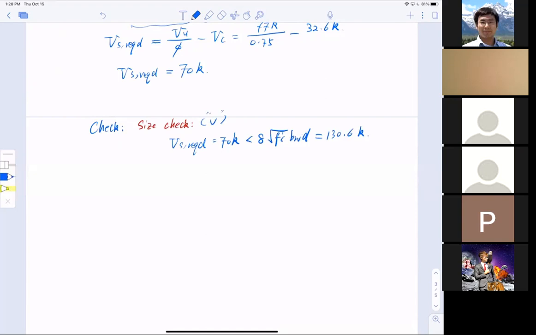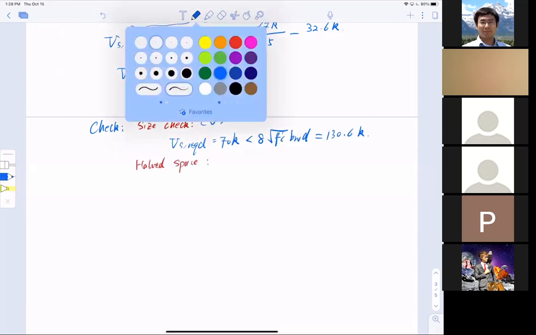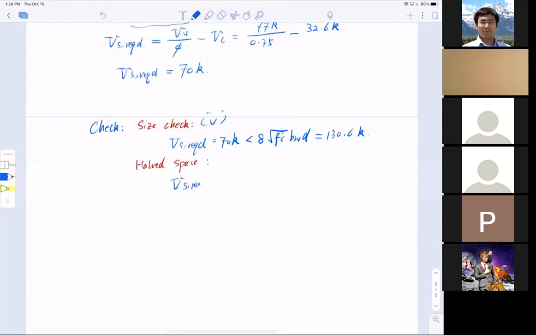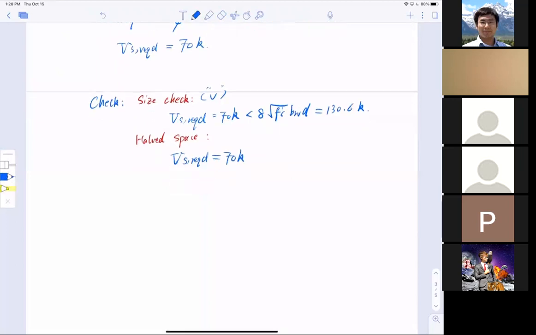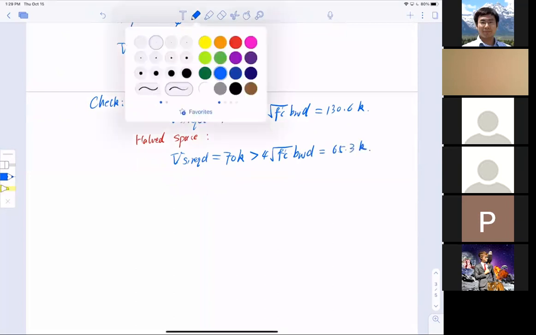Size is okay, but the next thing is halving the spacing. Do I need to reduce my spacing by half? So you run through that check: Vs required equal to 70 kips, and that is bigger than square root f'c bw d, which is 65.3 kips.